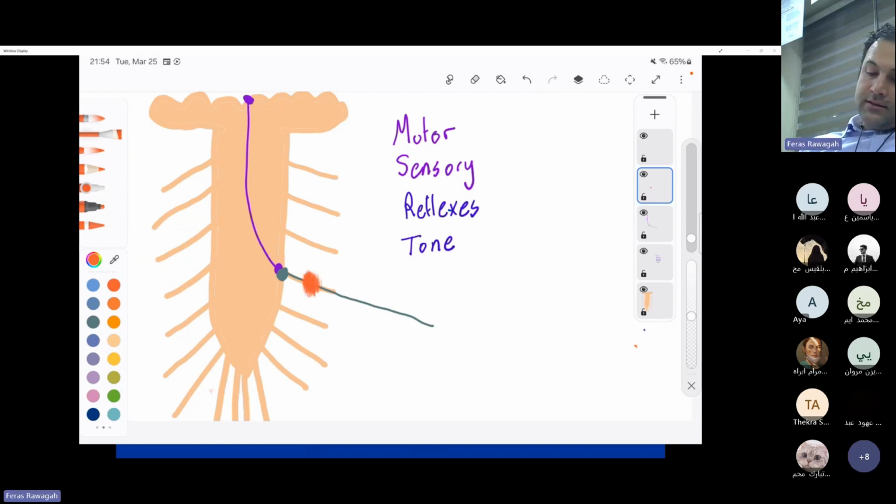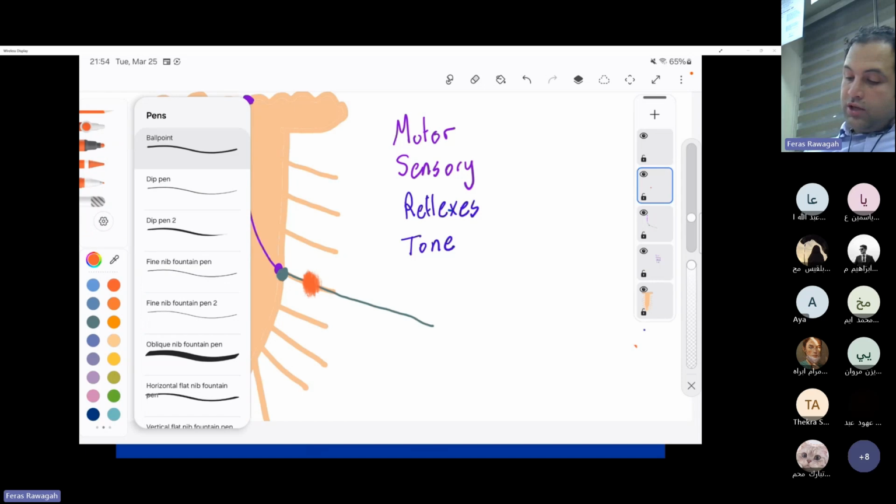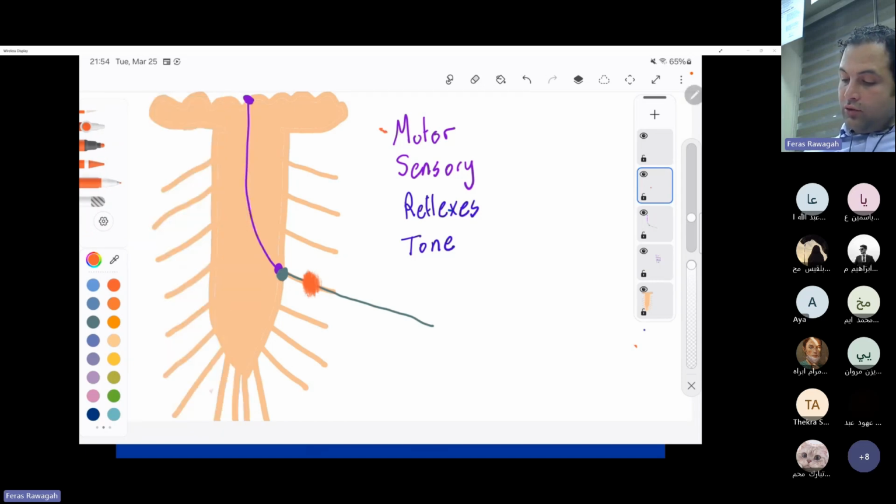In this case, we will lose everything: the motor, the sensory, loss of reflexes, loss of the tone. And this is called lower motor neuron sign. Why is it called lower motor neuron sign? Because it results from injury to the lower motor neuron.